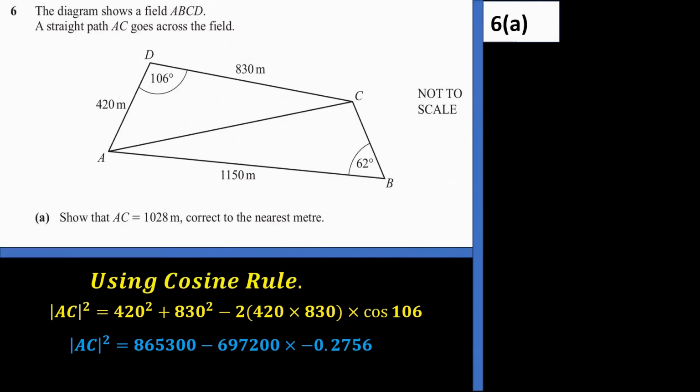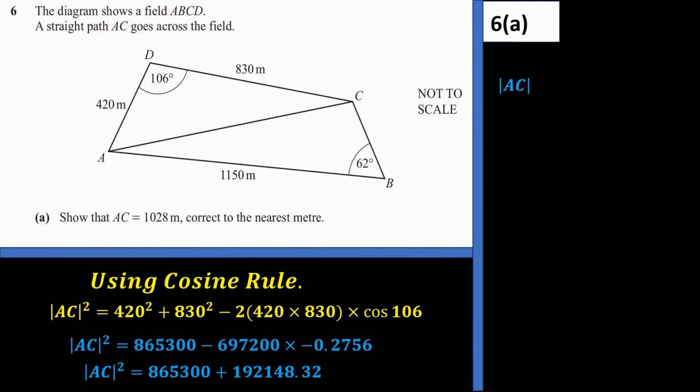We get 865,300 when we take the square of 420 and the square of 830 together. Of course, it turns positive because we have minus 697,200 times minus 0.2756, that will produce a positive number.